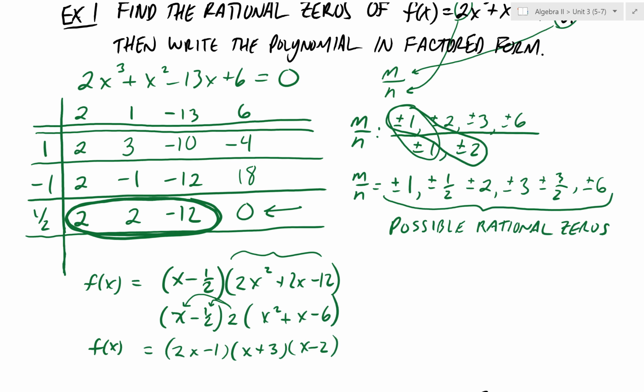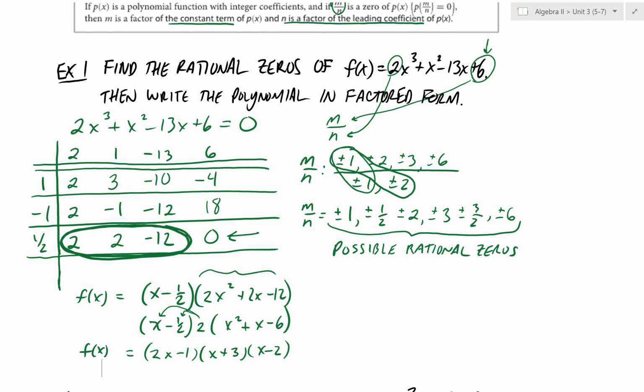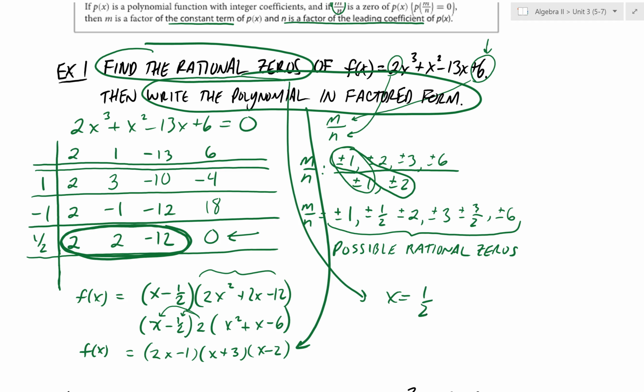So that's what the original question was asking. It said, write the polynomial in factored form. So we have done that. We didn't list all the rational zeros yet, so now let's go back and do that. Find the rational zeros. We found one from our synthetic division, x equals 1/2. x equals 1/2 is a rational zero.